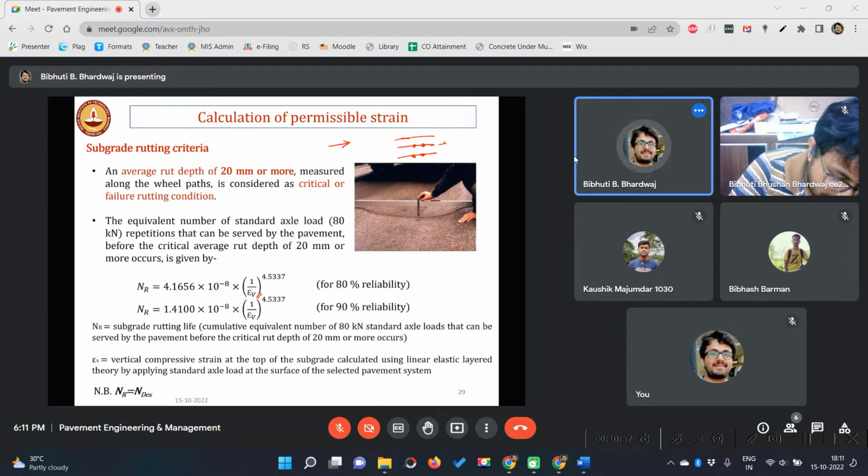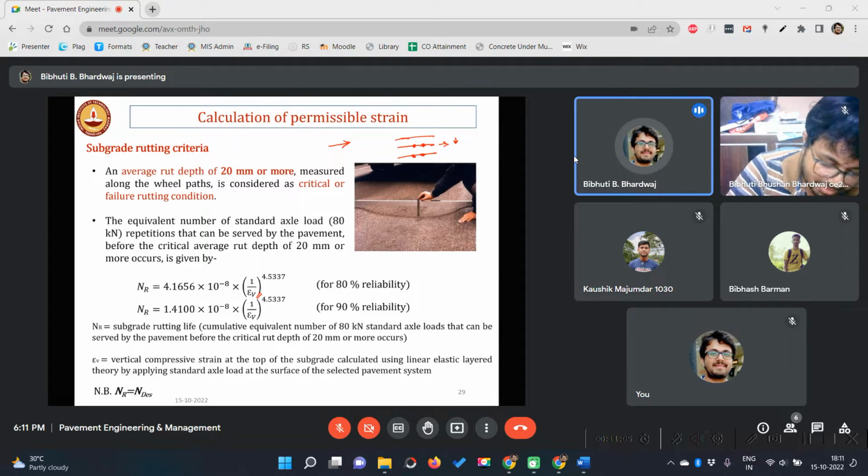If the strain at these points exceeds the permissible value, then the pavement will fail before its design life. That means if the pavement is designed for 15 years, it will fail much before that. So we need to ensure that the permissible strain is always higher than the generated strain.